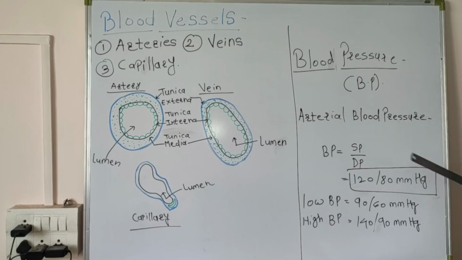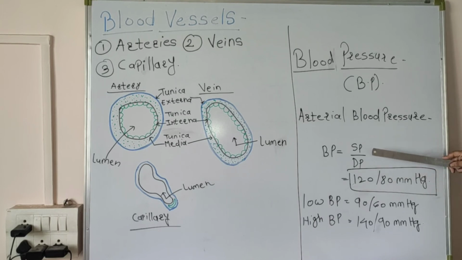That is, systolic pressure is SP and diastolic pressure is DP. The normal systolic pressure is 120 mmHg and the normal diastolic pressure is 80 mmHg. So the standard BP is 120 per 80 mmHg.